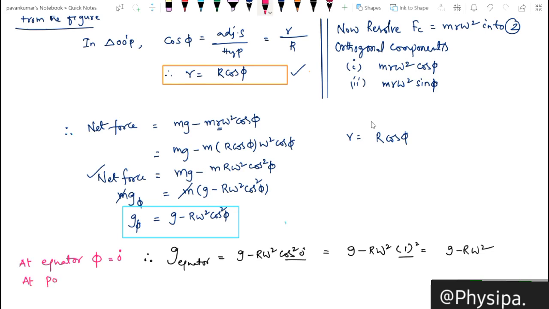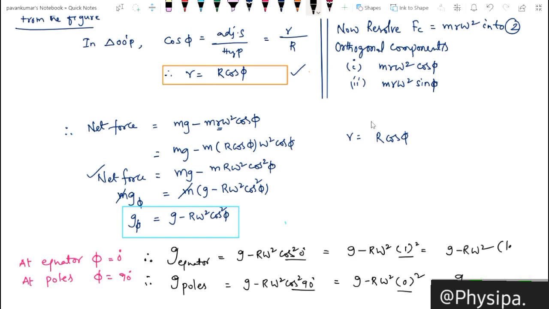At poles the latitude is 90 degrees. By substituting we get g at pole is equal to g minus R omega square cos square 90 degrees, which is equal to g minus R omega square into 0 square, because cos 90 is 0, which is equal to g.